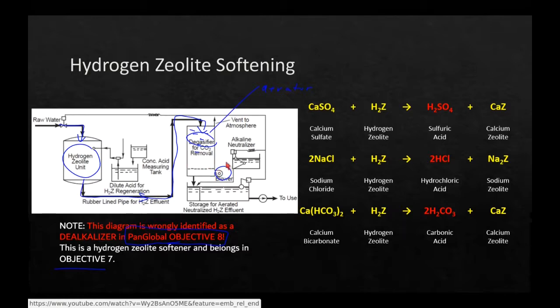And in doing so, we take the carbonic acid and convert it into CO2 and H2O. So this vent to atmosphere carries away the CO2. We've just gotten rid of the carbonic acid. Because we got rid of the carbonic acid, we now have no alkalinity.